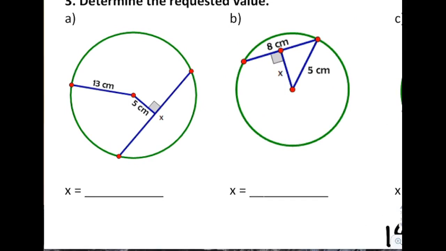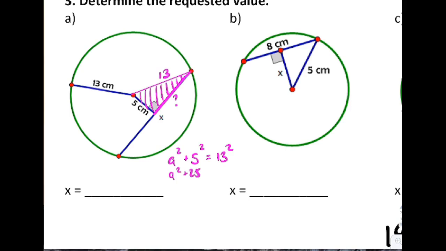It wants us to find x on this one. The radius is 13, which means all radii are 13. So I can make another one there to complete a triangle. Now I have this triangle right here going on. Let's just look for that side for a minute. I shouldn't use x because it's already part of the problem, so I'll call that A. A squared plus B squared equals the hypotenuse squared.